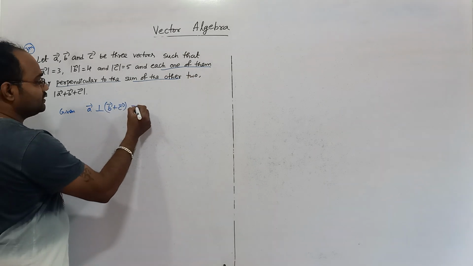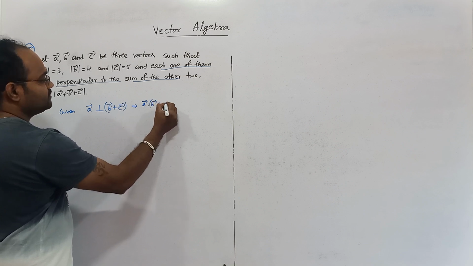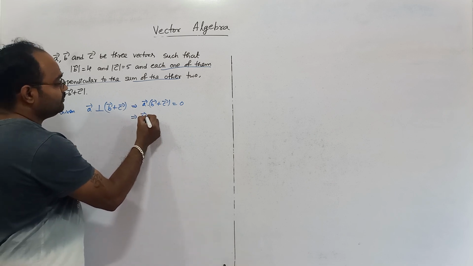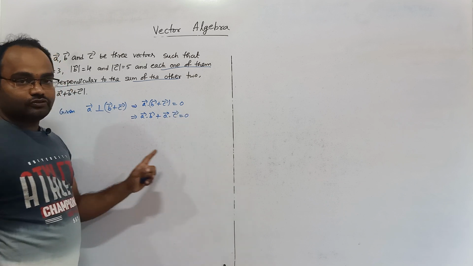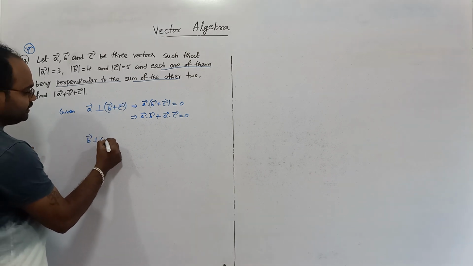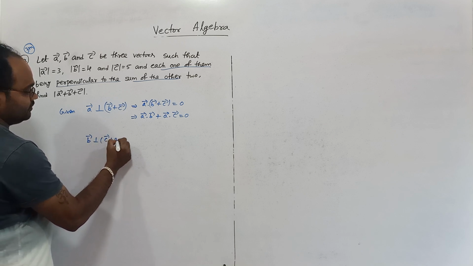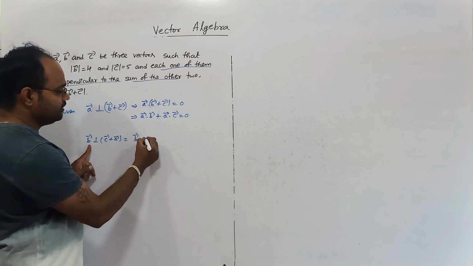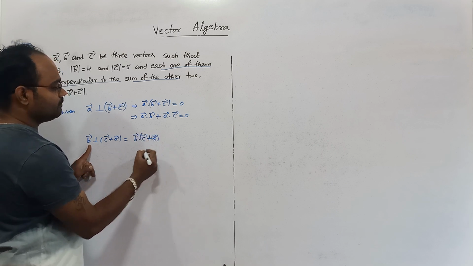a is perpendicular to b plus c, that means a dot (vector b plus vector c) is 0, which implies a dot b plus a dot c is 0. We know this. Then b is perpendicular to c plus a, that means b dot (c plus a) is 0 because they are perpendicular.